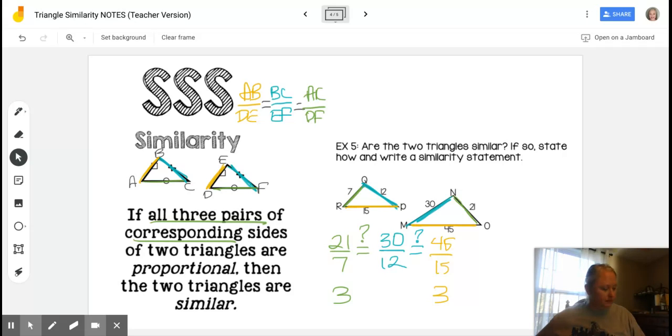It is 2.5. So these are not necessarily equal. And it's not that if only one of them is equal that it works. They all three have to be equal. So since the middle ratio did not match up with the other two, we cannot say that these two are similar. So these are not similar.